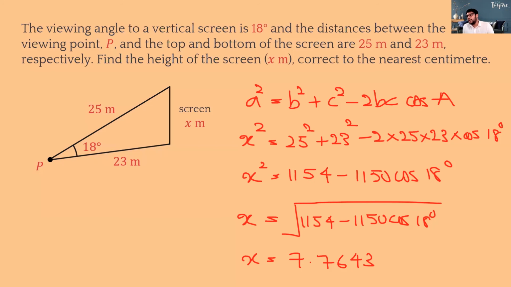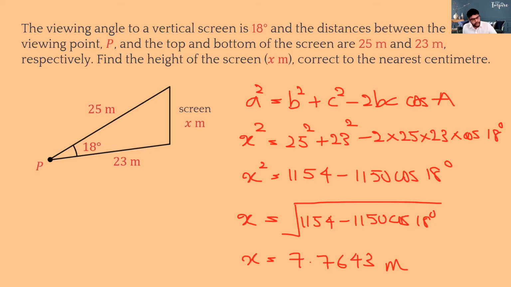Now here's where you all went wrong, right? All of you made this mistake. Read the question properly. The distances are given in meters, okay? But can you see, children, they're asking us to find it to the nearest centimeter, right? So this is 7.7643 in meters.